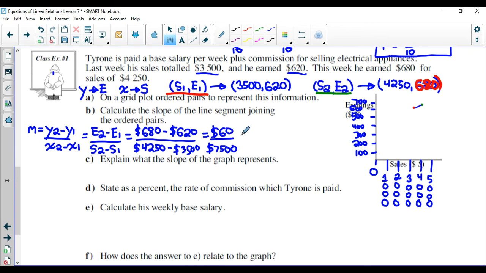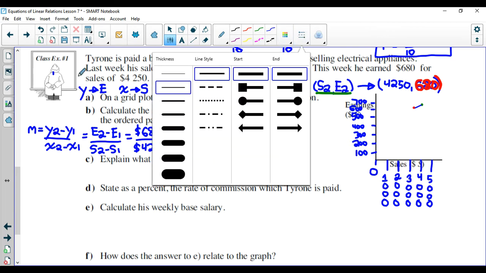Actually, what we're going to do is instead of writing it as a fraction, I'm just going to calculate it as a decimal value. So 60 divided by, oh my goodness, this should be 750.